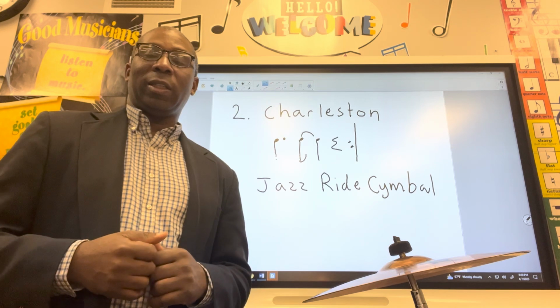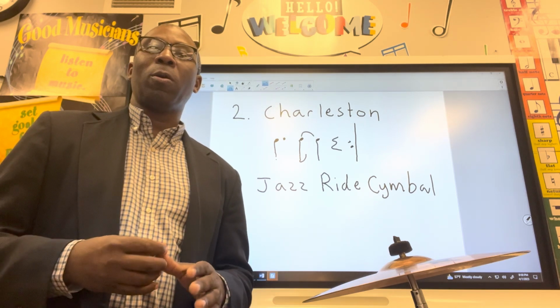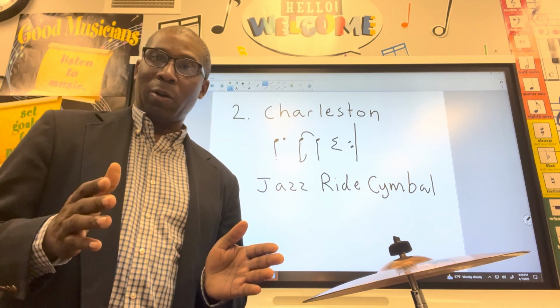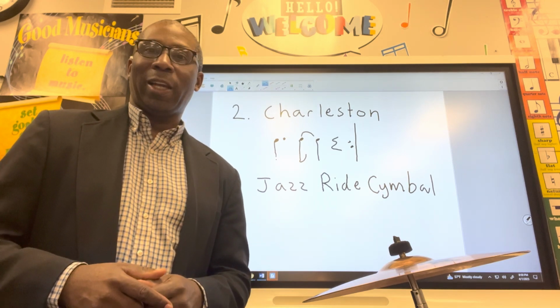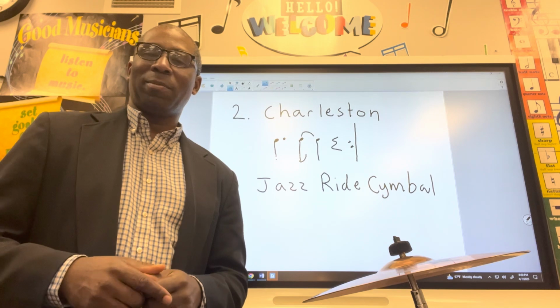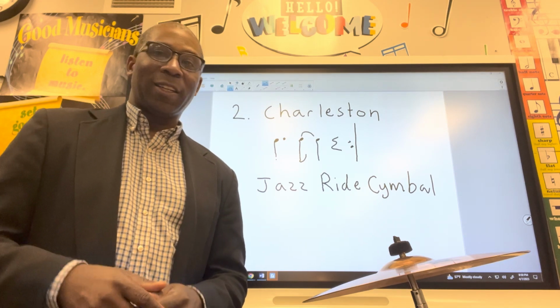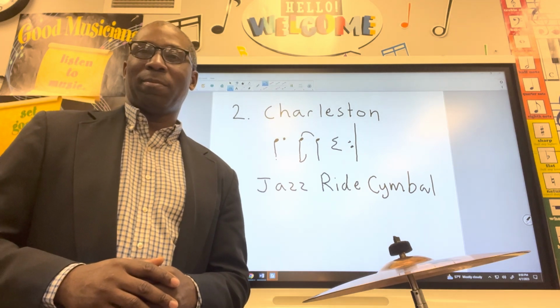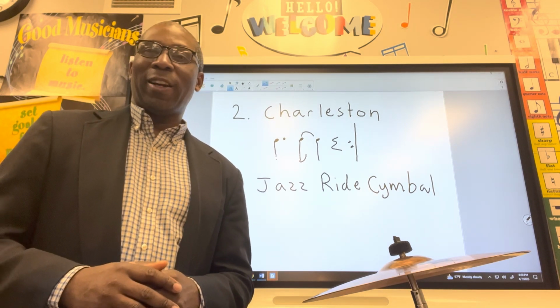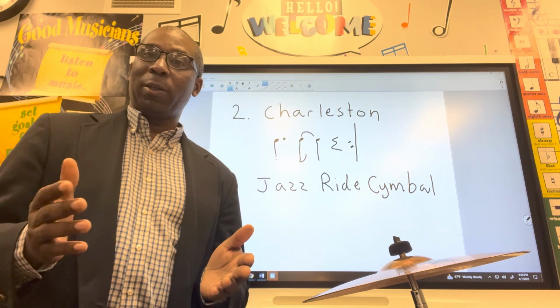Another word that we do is almost like scat singing. We've been talking about scat singing. Here it is. You could say sprang, sprang, galang. Try that. Sprang, sprang, galang. Sprang, sprang, galang. And then we're going to keep it going.